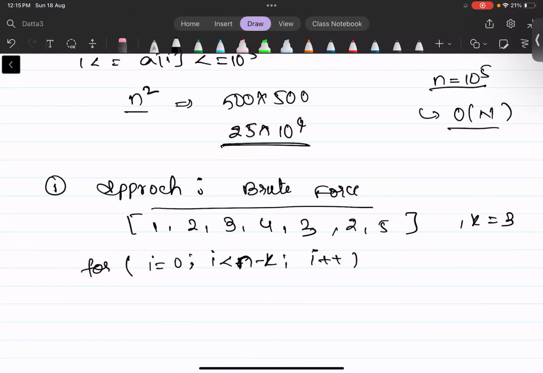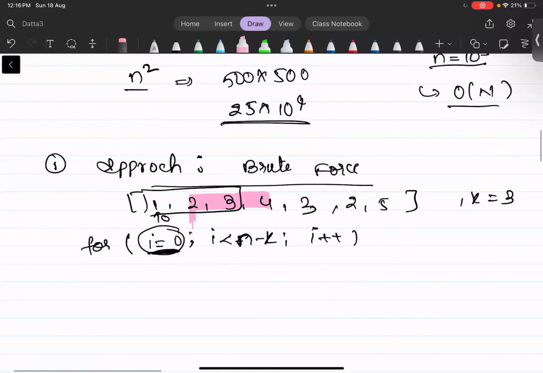For each index i, I'm going to check the subarray starting from index i. So if I'm at index 0, I'm going to check the subarray starting from 0, which is of size k. Now, if I'm at index 1, I'm going to check the subarray starting from index 1, and so on.